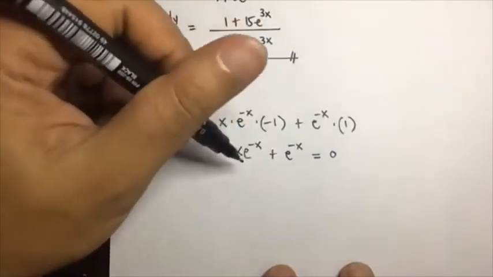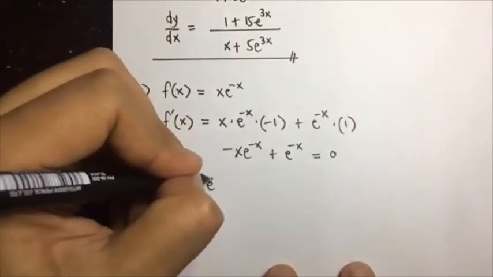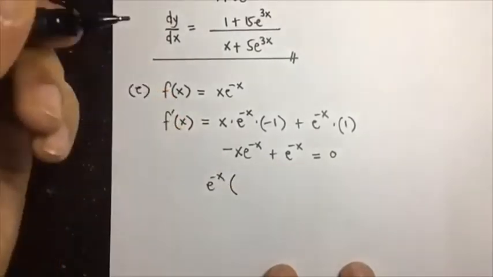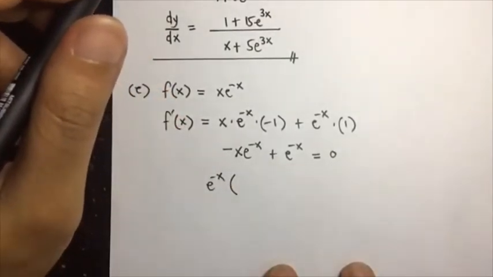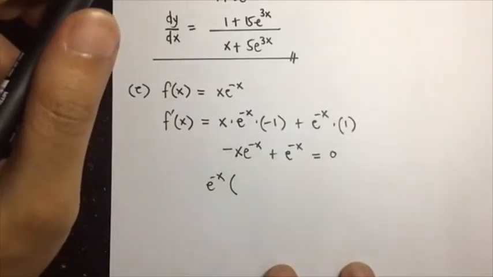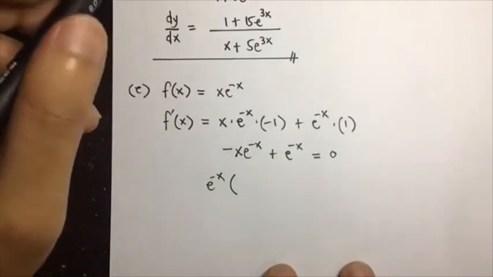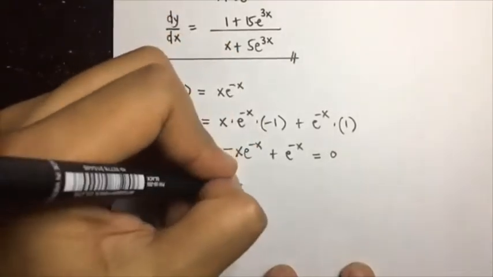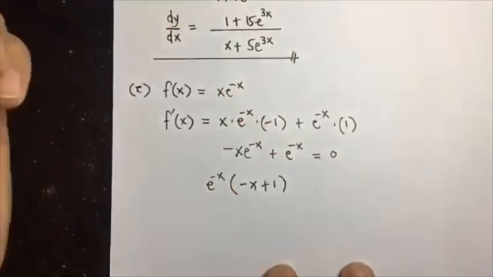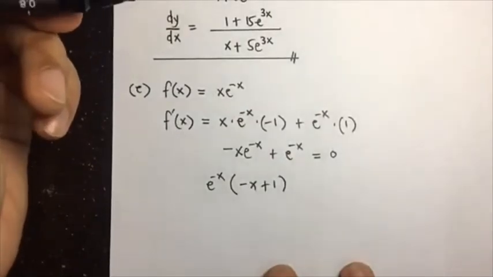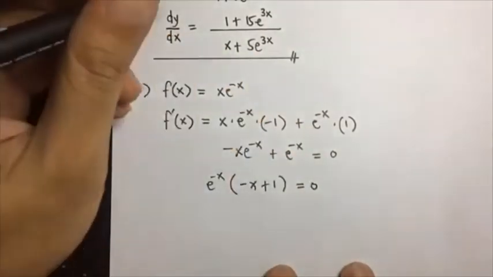Okay, so factoring out e to the negative x, we will have e to the negative x times negative x plus 1 equal to 0.